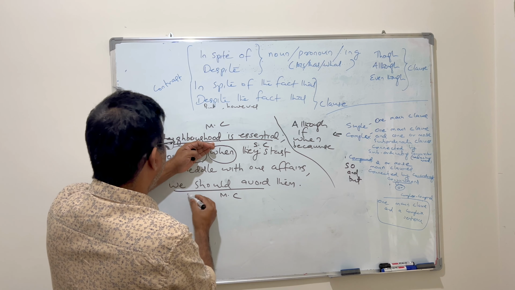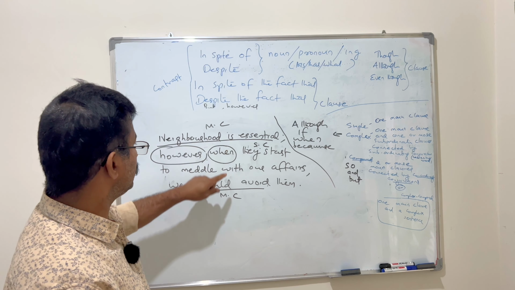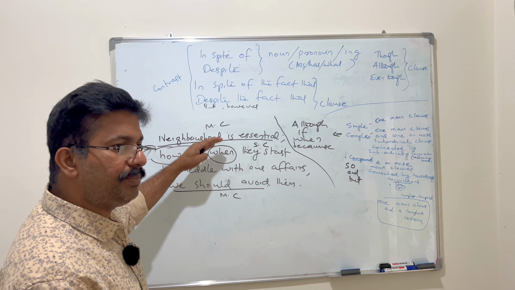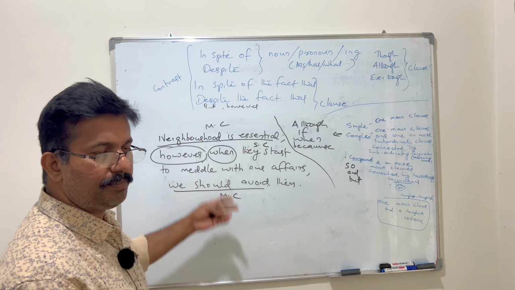What is the definition of a complex sentence? A complex sentence can consist of one main clause and one subordinate clause. So this is a complex sentence. This is a main clause. Now, how can it be a compound sentence? Because in a compound sentence, there must be two main clauses.